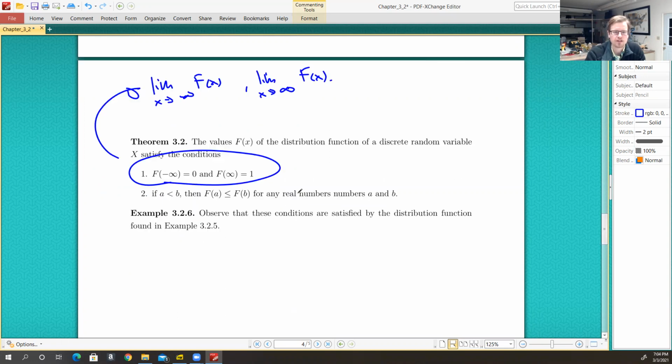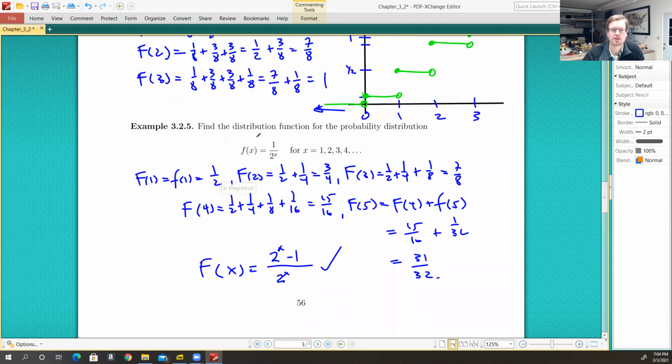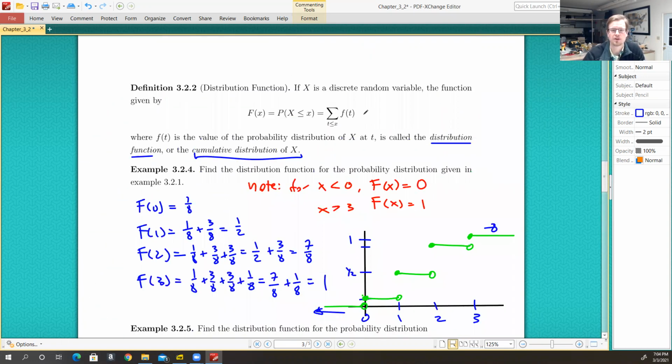All right. So the other thing that we need to observe is if we are creating our distribution function by adding values together, then as we add more values, we should get a larger function value. Of course, none of the things that we're adding together are negative because none of our probabilities are negative.